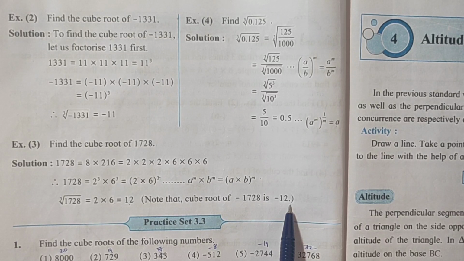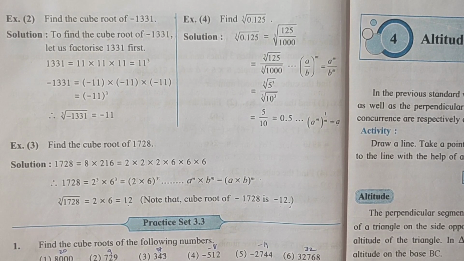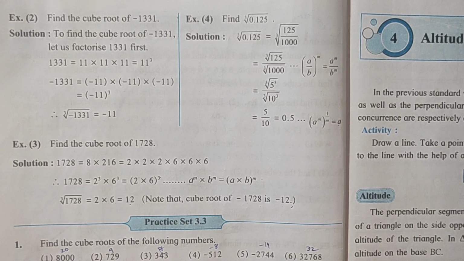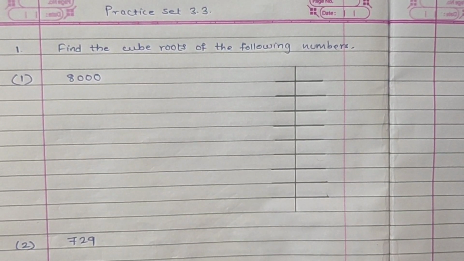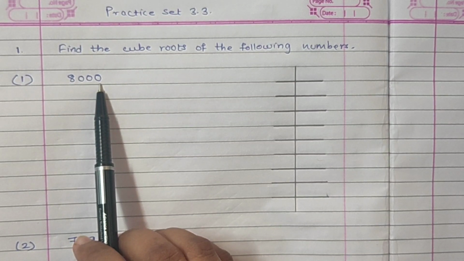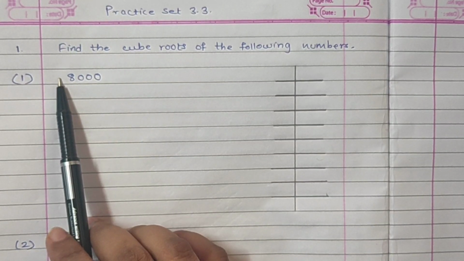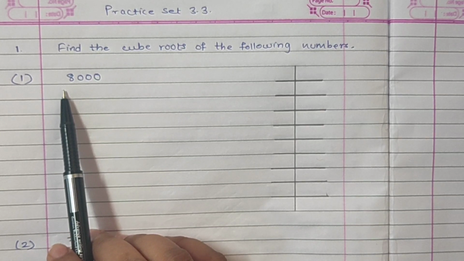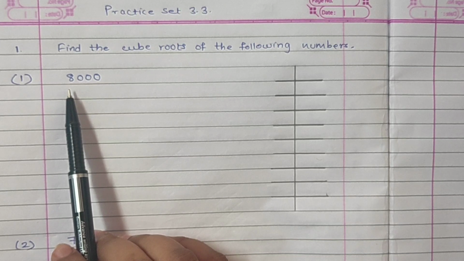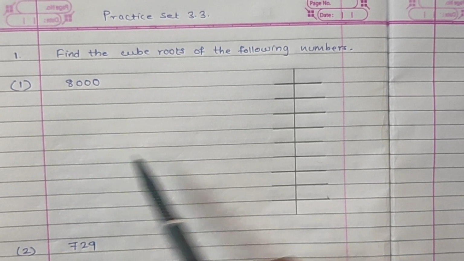Now let us solve practice set 3.3. First question is find the cube roots of the following numbers. First is 8000. So we will first factorize 8000. Now you know how to factorize any number. You have learned that in previous standard.